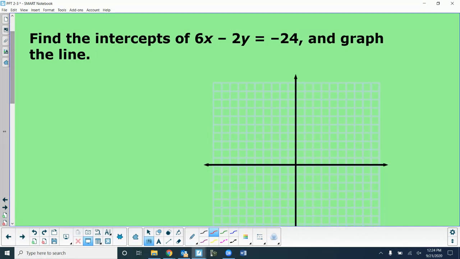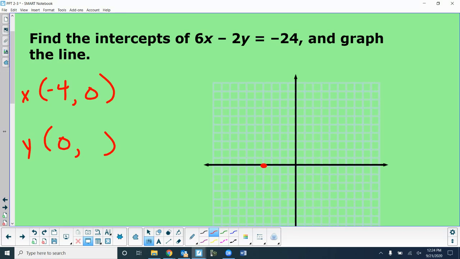Again, to find the intercepts, all right? So for the x and the y, all right? So 6 times what is negative 24? Negative 4, right? There you go. Cover up the x.